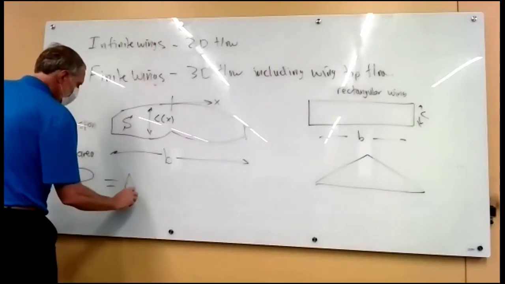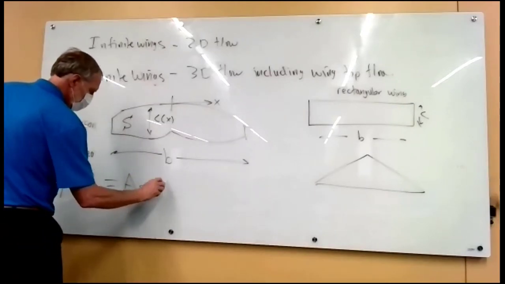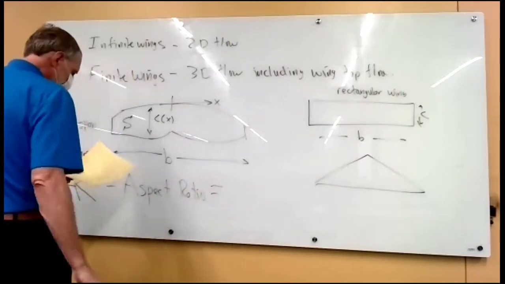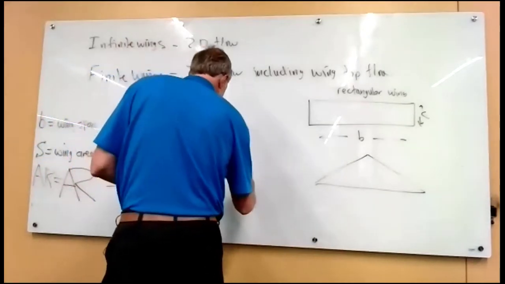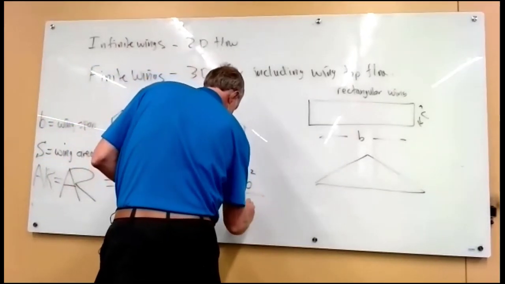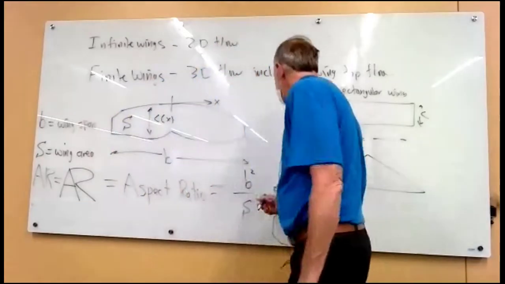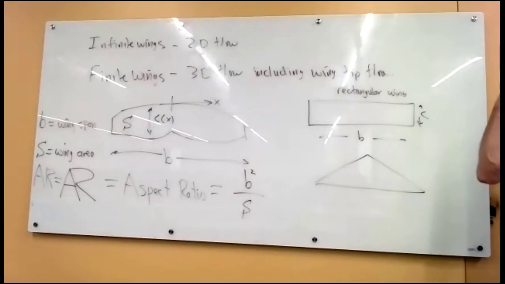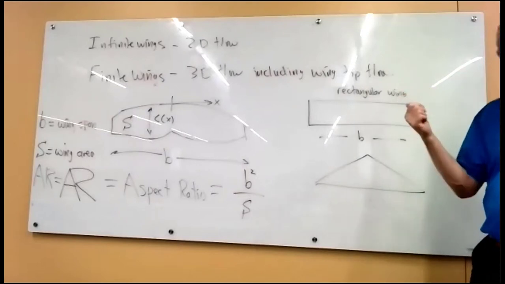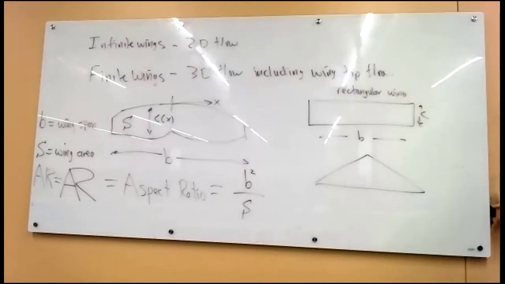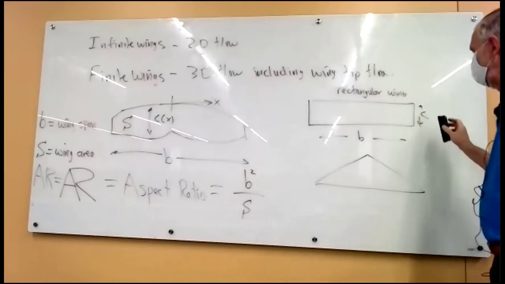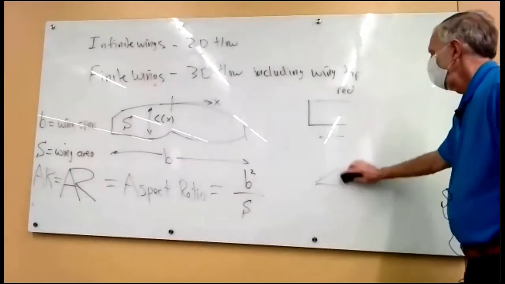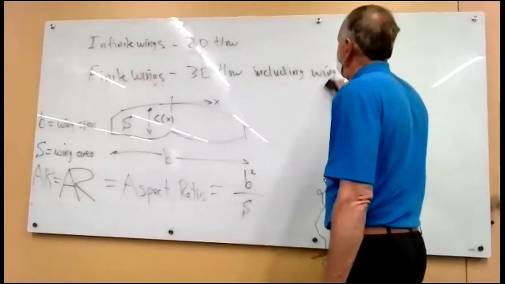And it's called AR because it's called the aspect ratio. And it's just a measure of how long the wing is compared to the area. So you take b squared, the length, divided by the area. In a minute, the examples I'm going to put up here, you can see why this is an important measure and how it works. Because we're going to do some real easy rectangular wings.